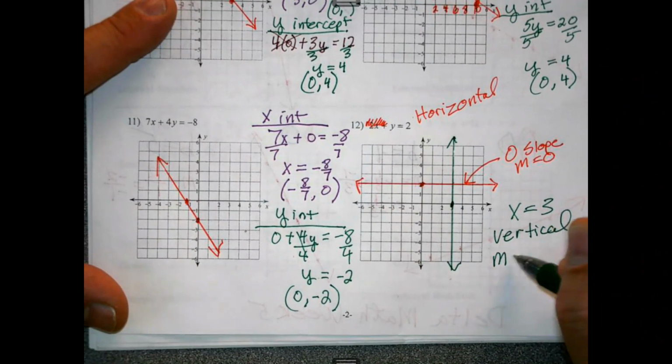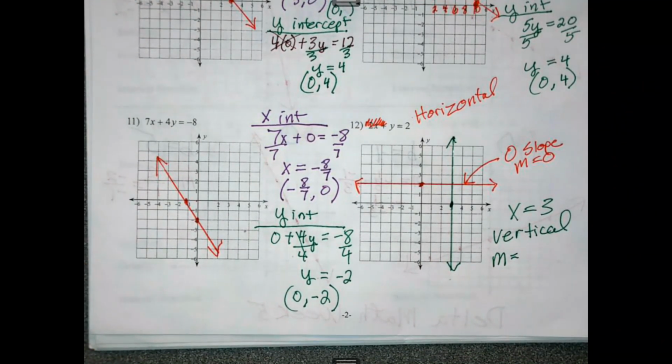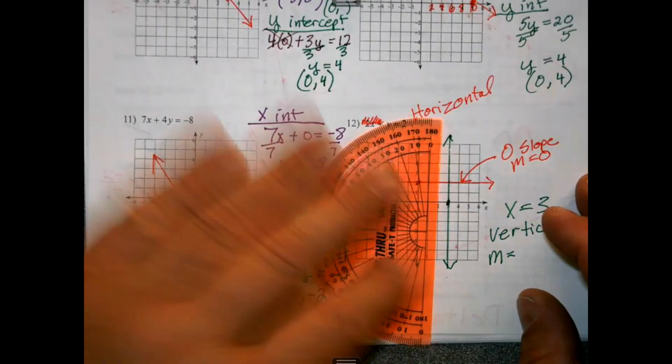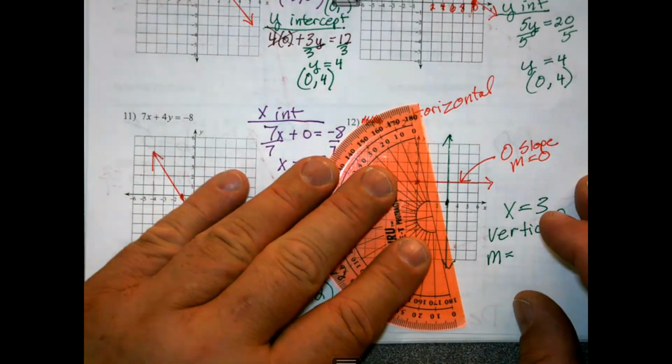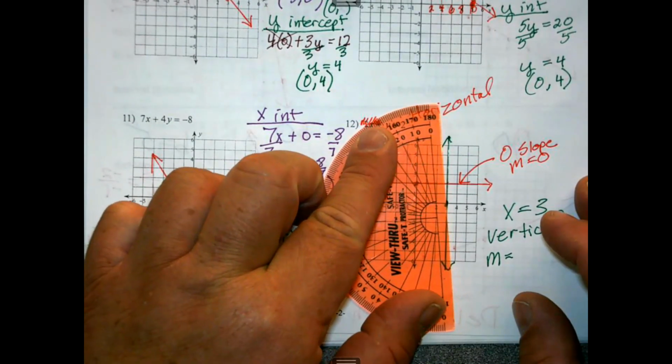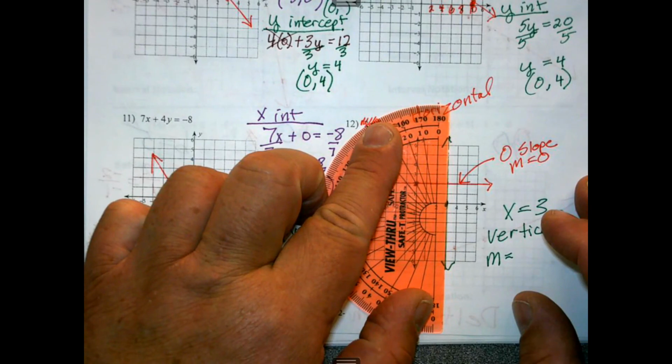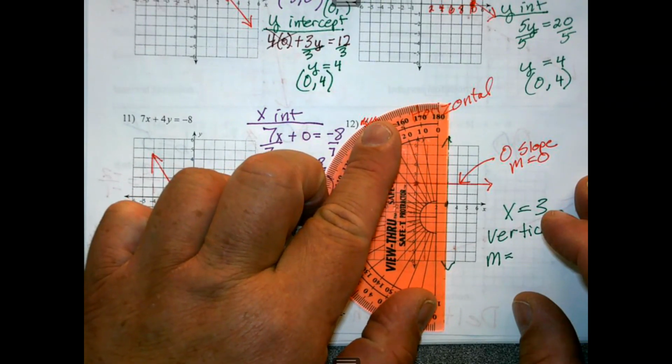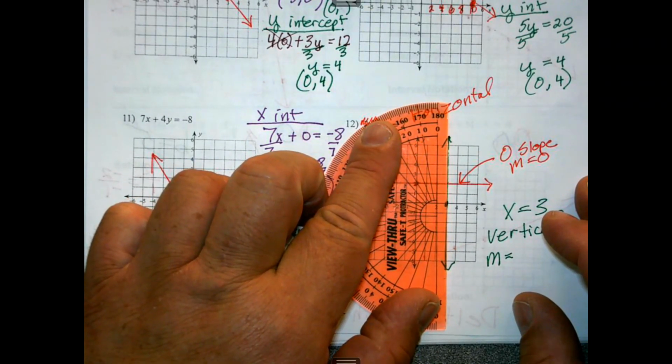And what kind of slope does this have? 0 over infinity. Infinity? Can it ever reach infinity? You're right. As a line gets straighter and straighter, it goes to infinity, but can it ever reach infinity?